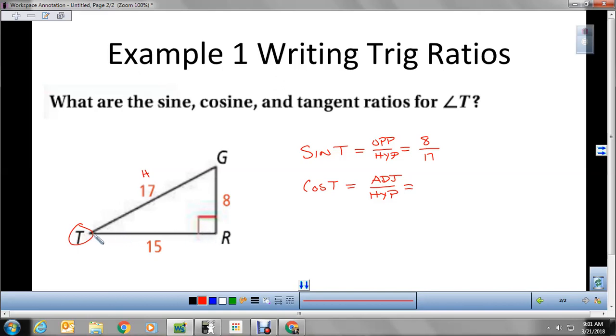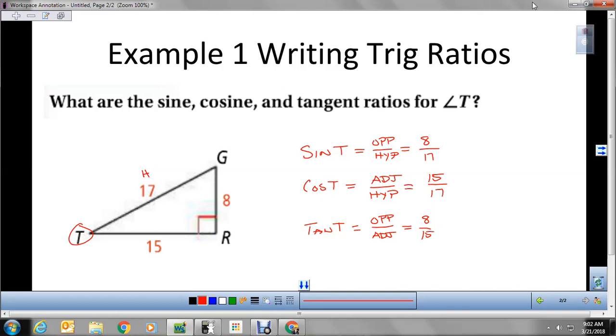It's like if you're standing here, you could touch it, so that's going to be 15 over 17. 15 over 17 cannot be reduced, so this becomes our ratio of the cosine of angle T. Now the last one we're looking at is the tangent of angle T. Tangent, remember, is opposite leg over adjacent leg. So if we start at angle T, the opposite would be 8, adjacent next to 15, and so it's 8 over 15. This cannot be simplified, so this becomes our trig ratio.